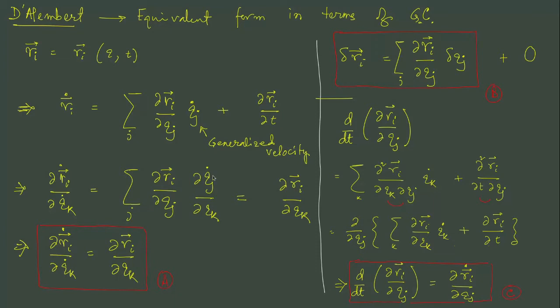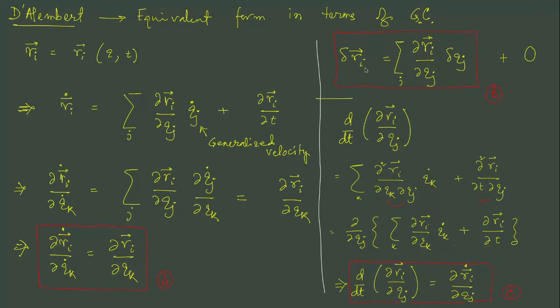So del qj dot del qk dot gives us a canonical delta jk. If j is equal to k, it's 1, otherwise it's 0. This is why we get del Ri del qk from this partial derivative. So we get our first important relation, del Ri dot del qk dot is equal to del Ri del qk. We call it condition A.